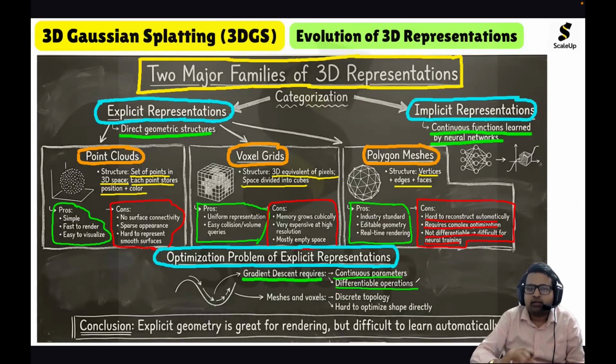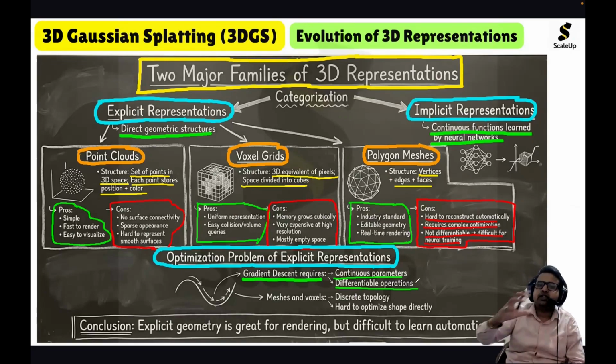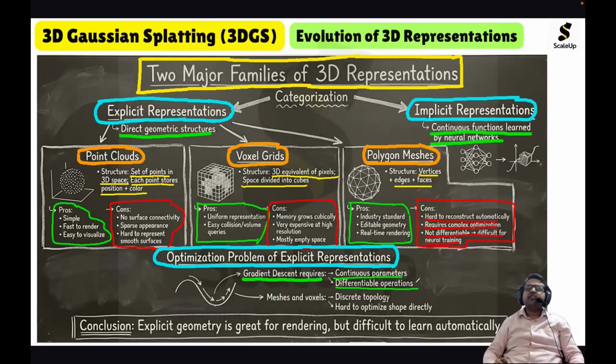Unfortunately, explicit representation is discontinuous, it is discrete, and hence gradient descent we cannot apply here. That is the optimization problem of explicit representation. So if you represent a 3D scene using explicit representation, you cannot use neural networks to optimize it.